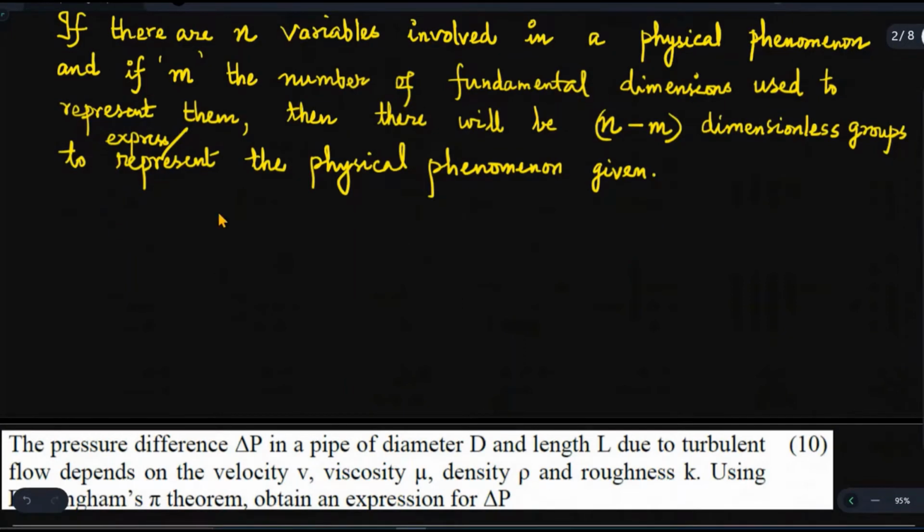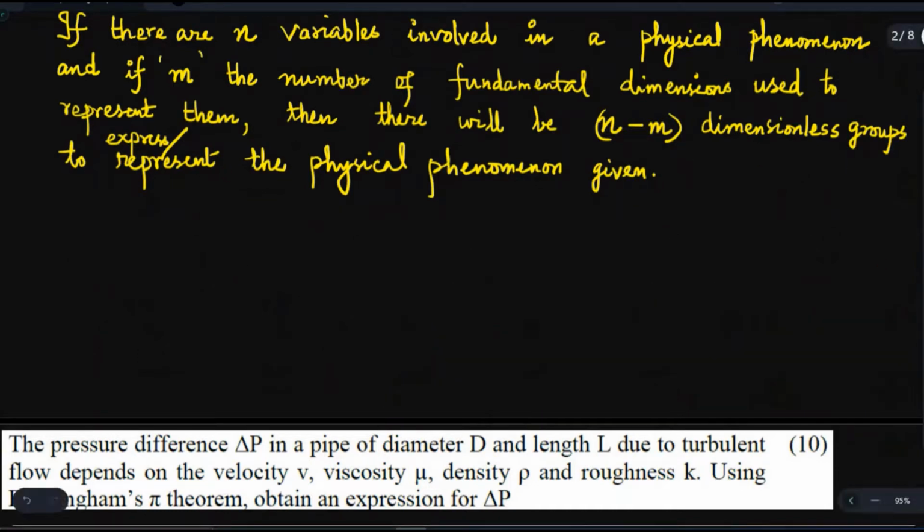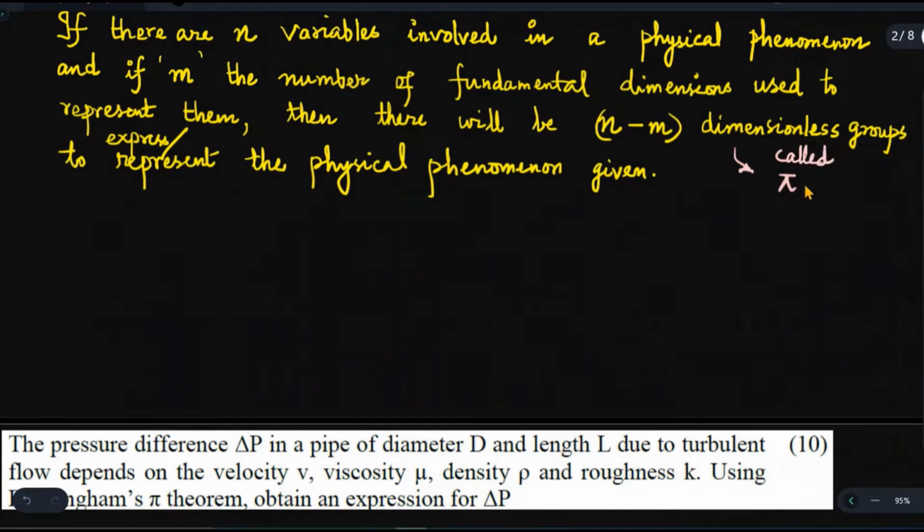This physical phenomenon can then be represented by these dimensionless groups, and the number of dimensionless groups will be n minus m. These dimensionless groups are called pi terms.